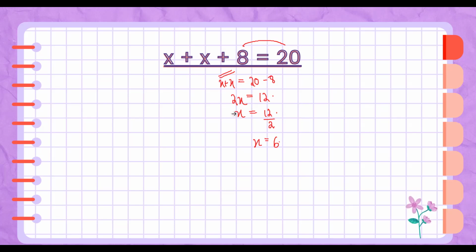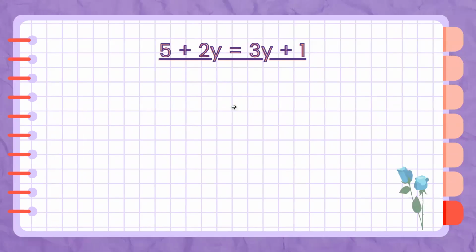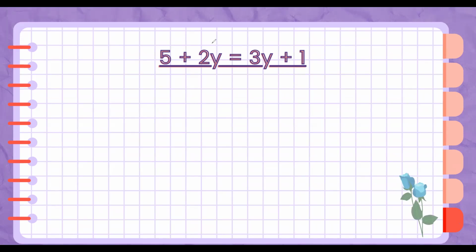Let's see another equation. 5 plus 2y gives you 3y plus 1. So what should we do here? What are some like terms here? 2y and 3y are like terms, so let's combine them together. When 3y moves to the other side, it becomes minus 3y.